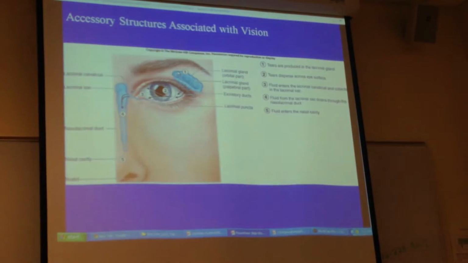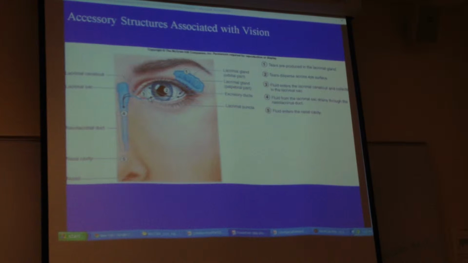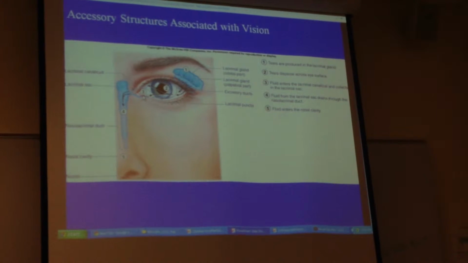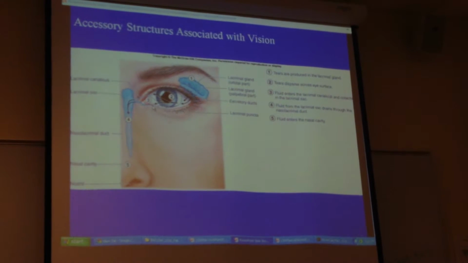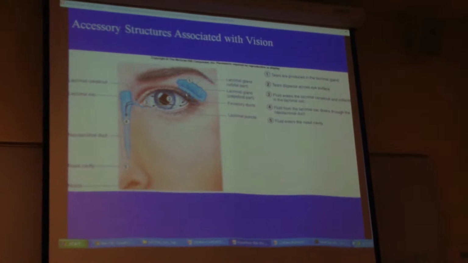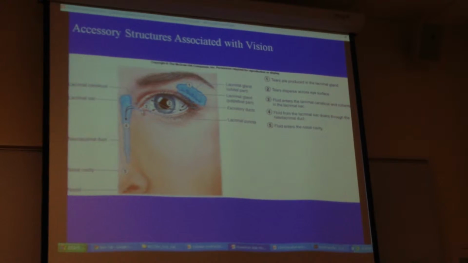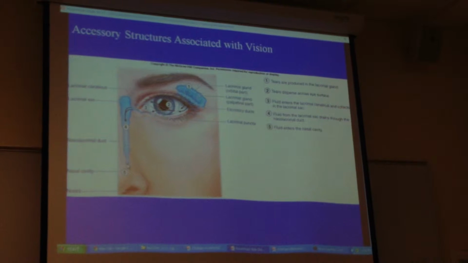And then you also have to be able to recognize the lacrimal puncta. The lacrimal puncta is just this little hole that we see right here, where the tears that are made up here in the lacrimal gland go across the surface of the eye and drain into the lacrimal puncta, and notice that they drain into the nose.